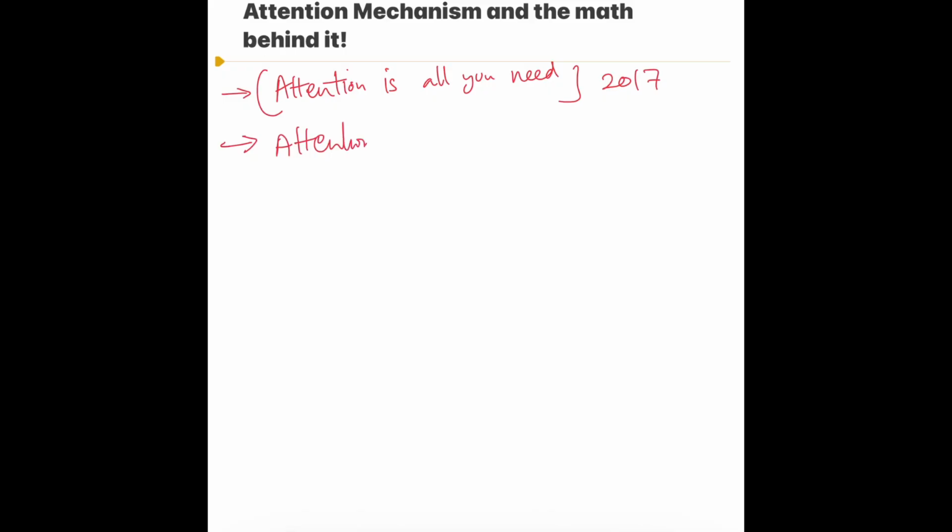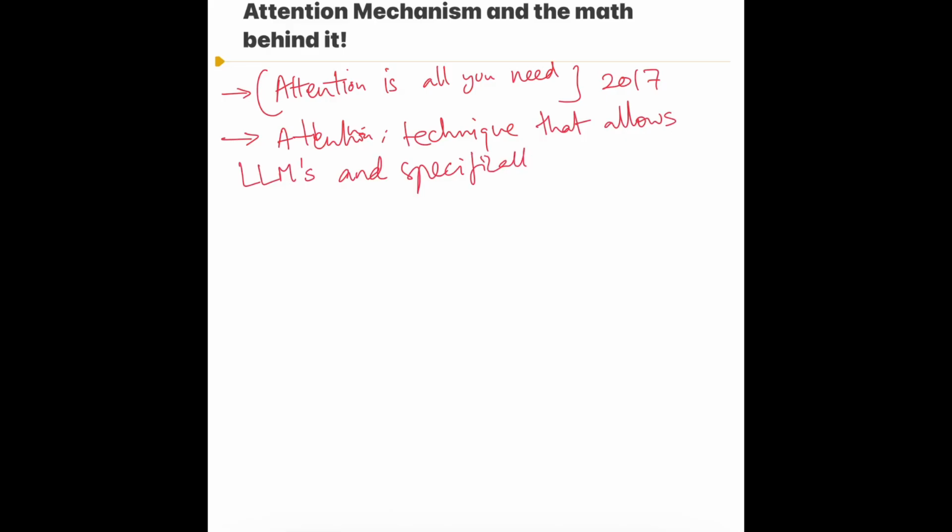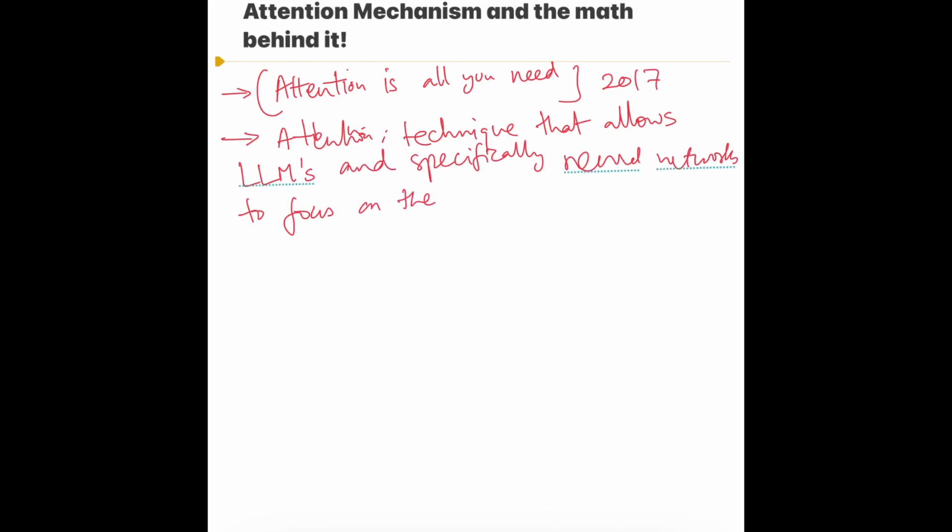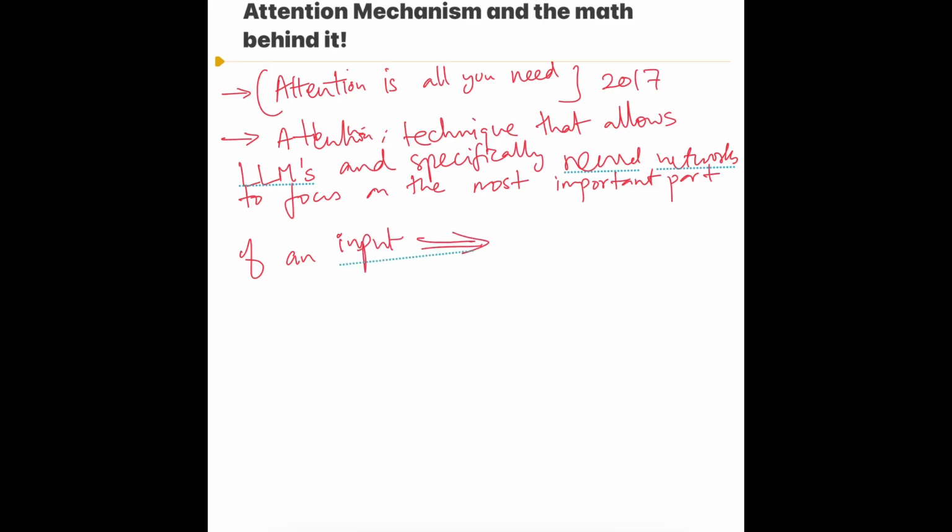What is attention? It's basically a technique that allows large language models, and specifically neural networks, to focus on the most important part of an input while generating the output.